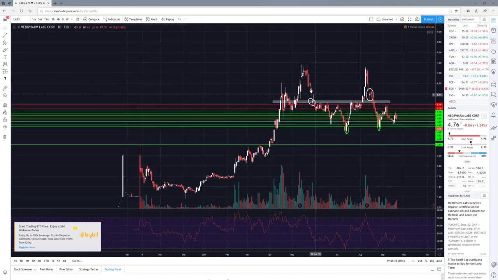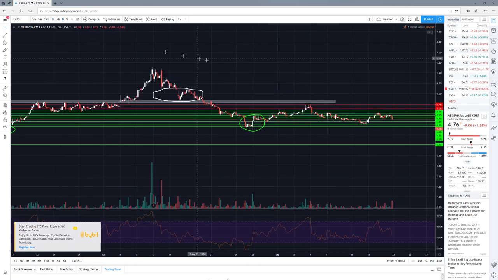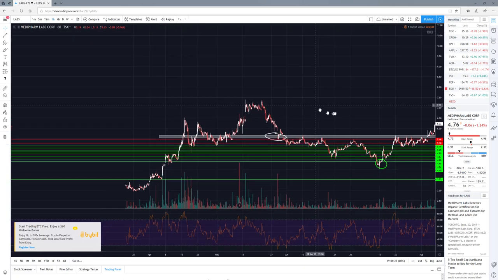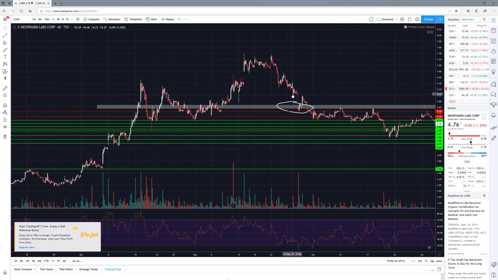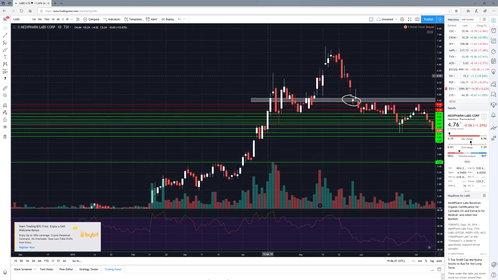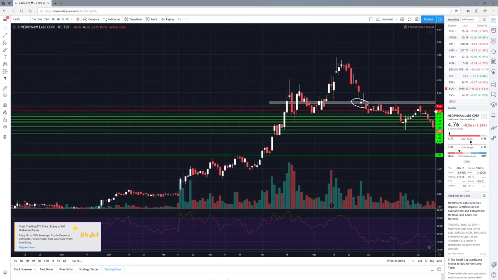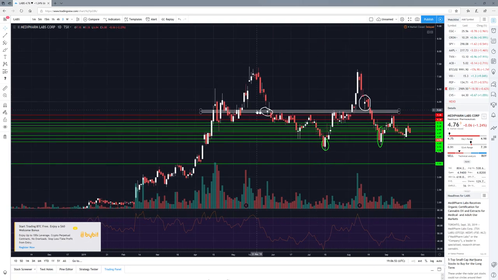I played this dump after earnings, just because it was extended and it gapped down after the dump. When it's already extended downside and then it dumps even further, it's something I like to play. So I bought in at exactly the, oh no, sorry, once again, I did not play this.